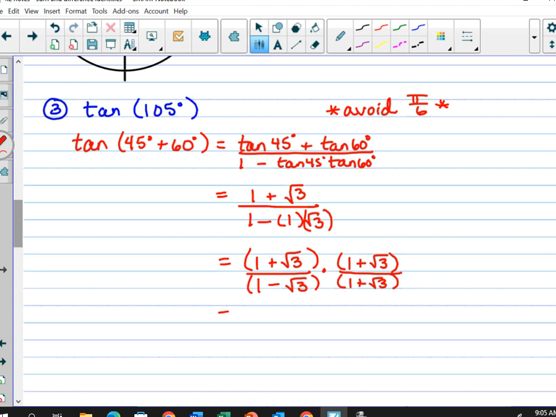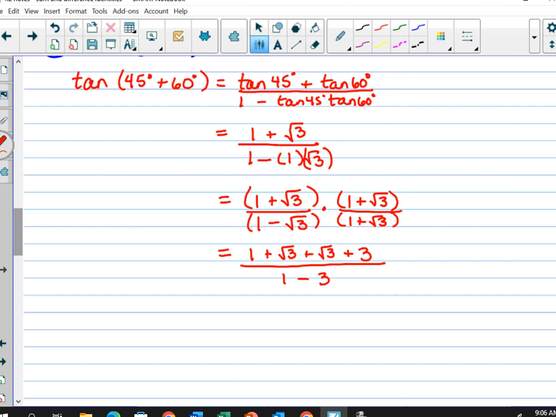All right, so when I multiply out the numerator, I get 1 plus root 3 plus root 3 plus 3. What happens in the denominator? Hopefully something. We picked that number on purpose. 1 minus 3. Yes. The radicals are going to cancel out.